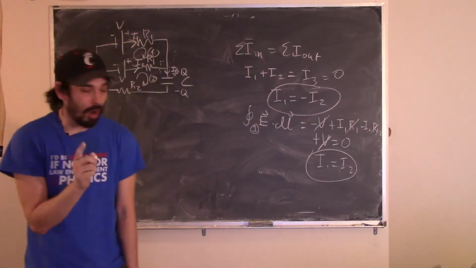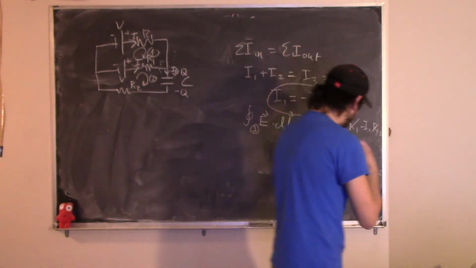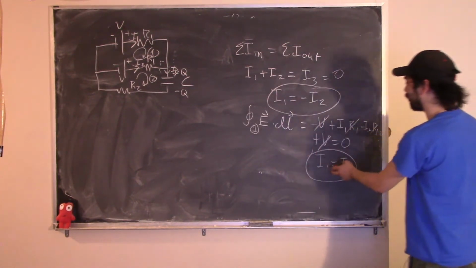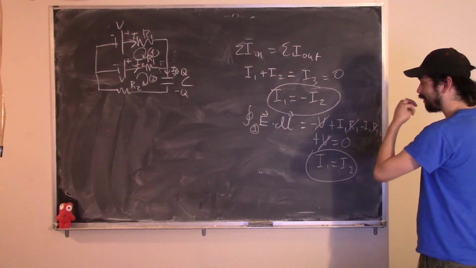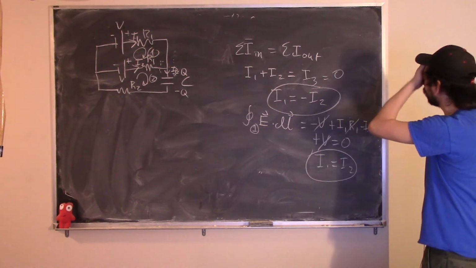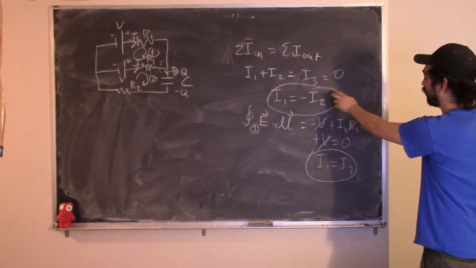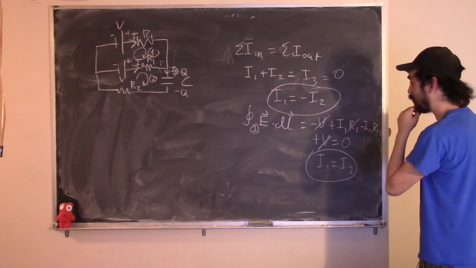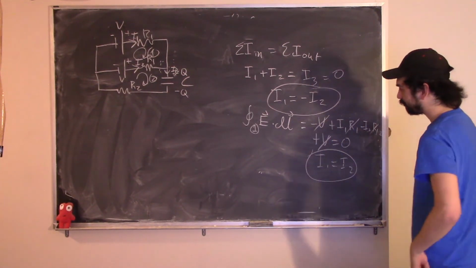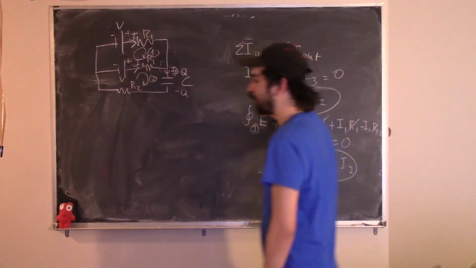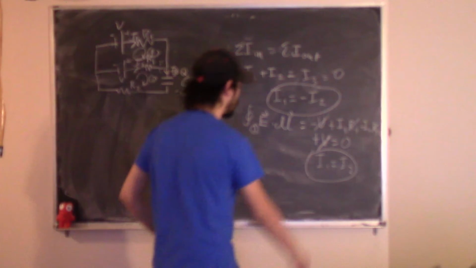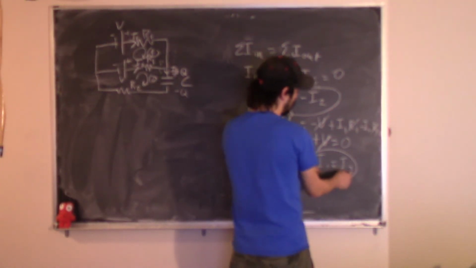There's only one very specific set of circumstances where this can be true. Think about it in terms of numbers that can evaluate for I1 and I2. When can the number 4 be equal to negative 4? This says this number is equal to that number.